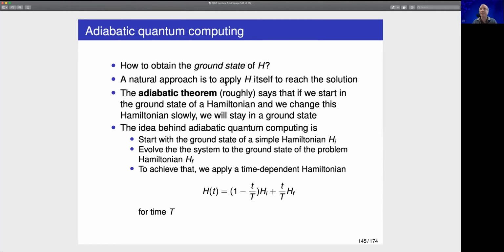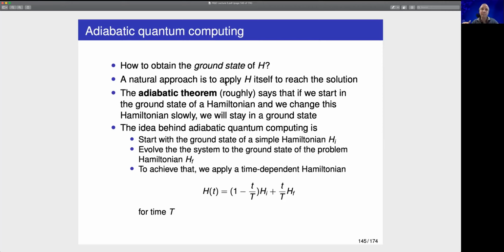The idea behind this adiabatic quantum computing is that there is this adiabatic theorem that roughly says, this is not the mathematical formulation, but roughly says that if we have a system which is in the ground state of a given Hamiltonian, we know that it is in the minimum energy state, and then we apply a Hamiltonian which acts slowly on this state. And this Hamiltonian is a time-dependent Hamiltonian that changes over time.